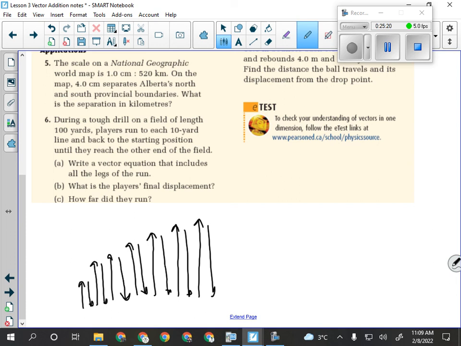And I'm drawing these not tail to head. Why? Because my diagram would look like this, because I keep drawing right over top of the line, since it's just forward and backward. So I'm just setting them apart from each other.